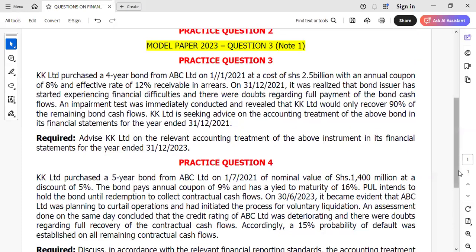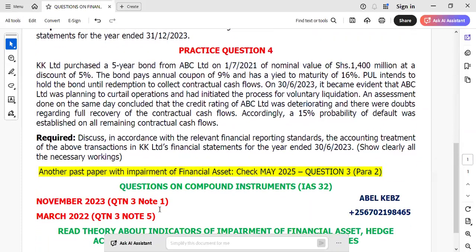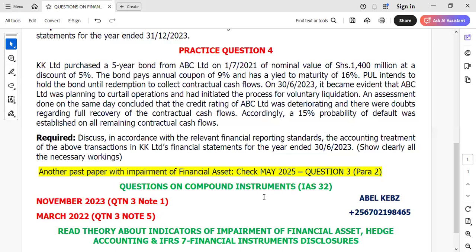How do we handle it? Here, I'm also going to talk about compound instruments. In a scenario where you are dealing with, let's say, a convertible bond or convertible debenture, how should you handle such a question? And we are going to use these questions.